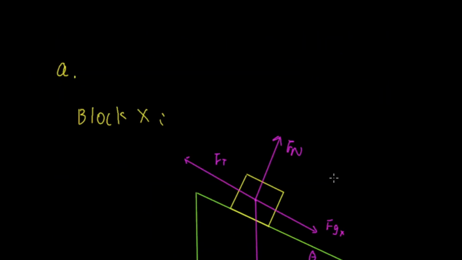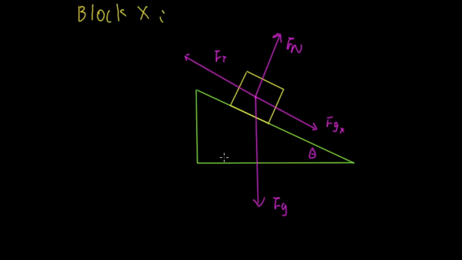So only these two forces, the forces in the horizontal axis, are what we care about. Now, how do we calculate the force of gravity in the x direction here? We have to break it down into components. So here, this is the force of gravity in a vertical line. And the force of gravity in this component will be the y component, and that will be the x component.